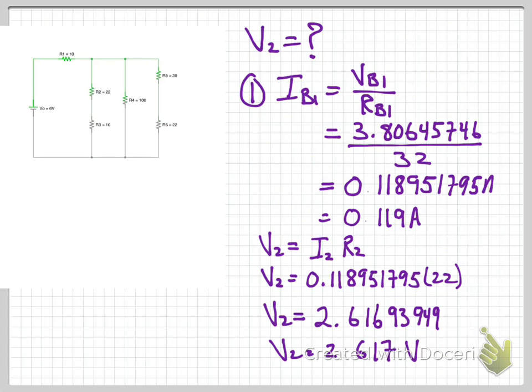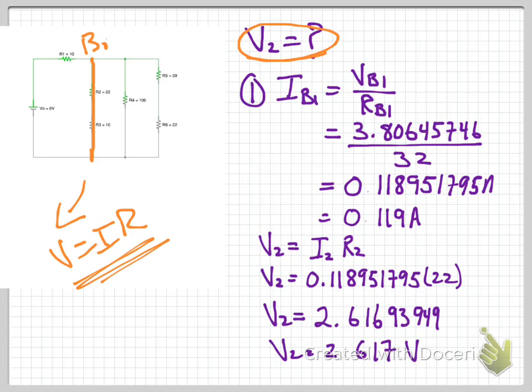Now another question that they could ask you is figuring out, in this case, V2. So how much voltage is dropped across a specific resistor on branch number 1? So remember, this is going to be B1. In order to do that, we need to figure out how much current is running along that branch. And then we can use Ohm's law to figure out how much voltage is being dropped over resistor 2. So we know we can calculate the current of B1.